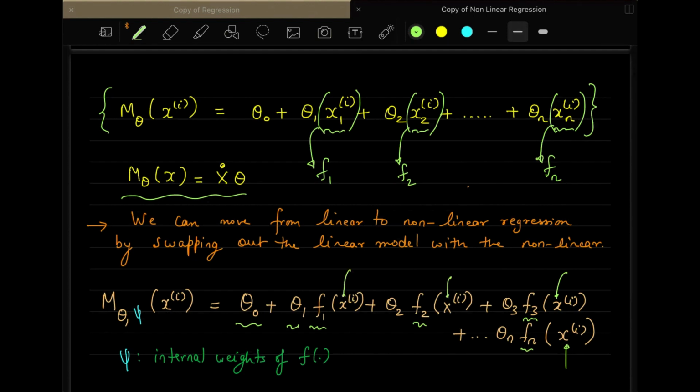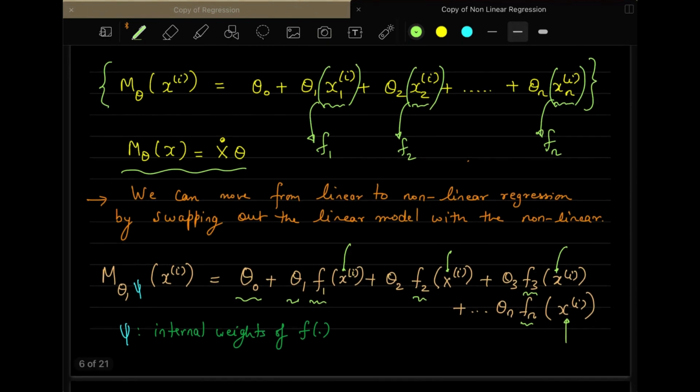So this is the representation when you address the non-linear relationship fitting in a non-linear regression setting. And note, I have kept phi here. This phi is not visible here, but this phi is the internal weights of these polynomials that you have.